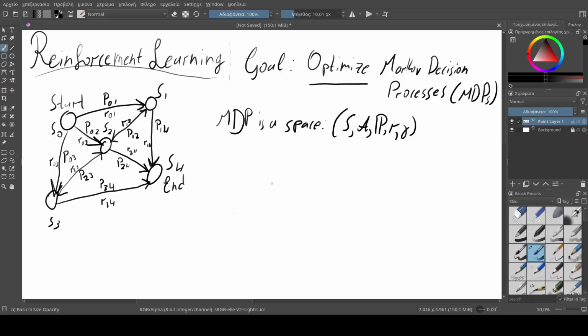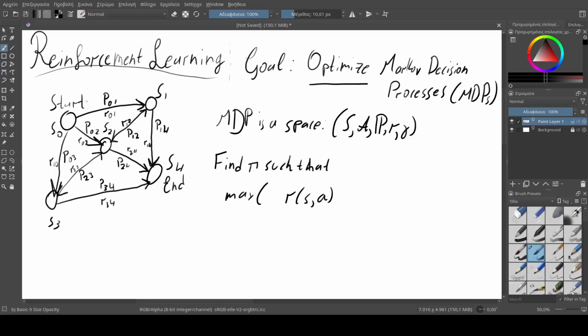And specifically, what that means is that we want to find a policy, symbolized by pi. So find pi such that we have the maximum of the following, and the following is that we want to maximize the reward, and the reward is given as a function of the state and the action.